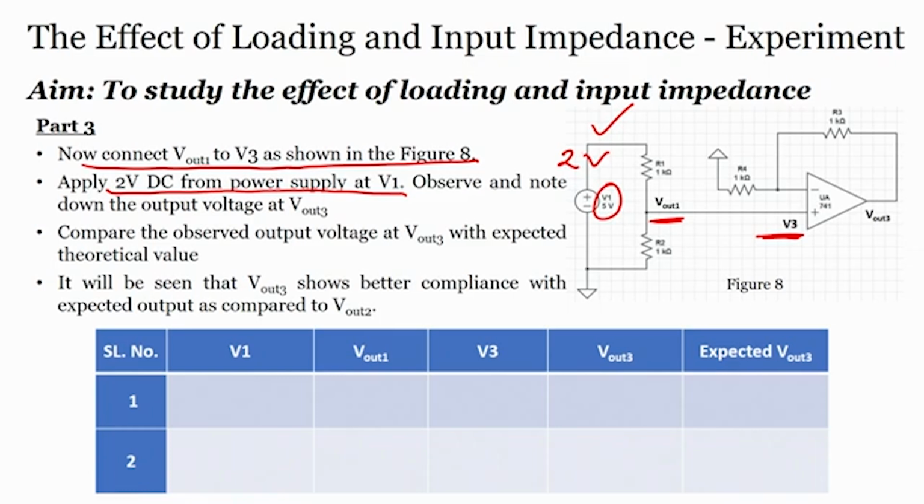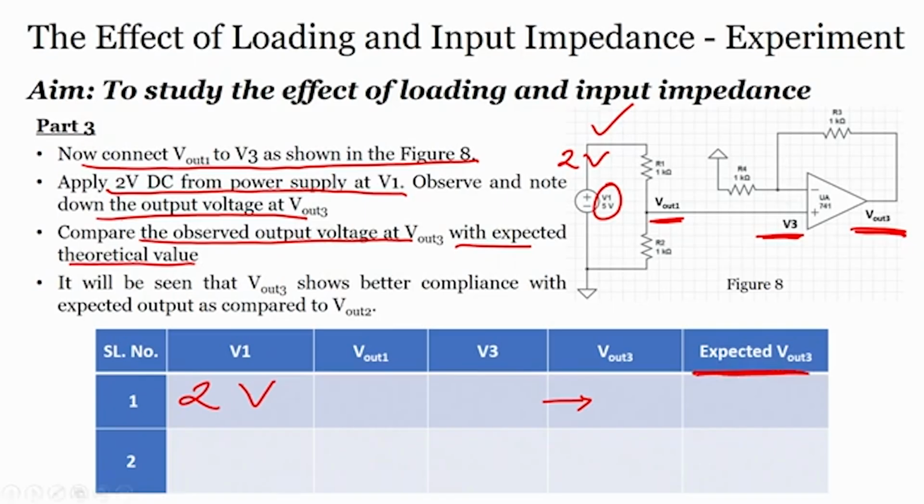Observe and note down the output voltage V out 3. That means if I apply 2 volts, I have to measure what my V out 3 is. Compare the observed output voltage V out 3 with the expected theoretical value.